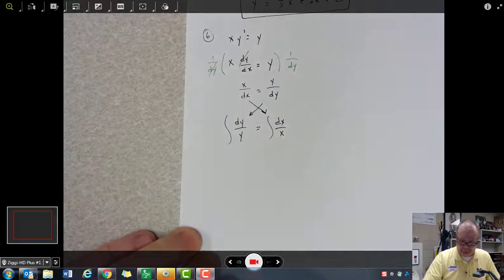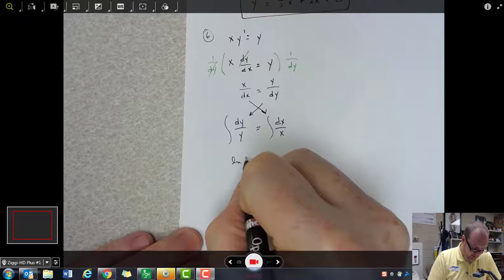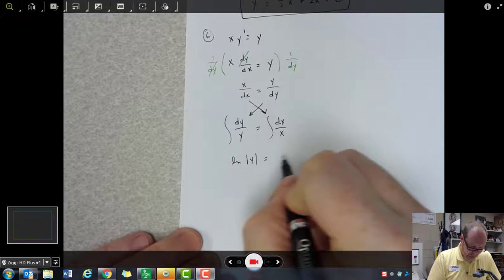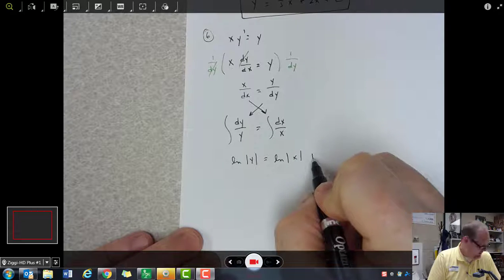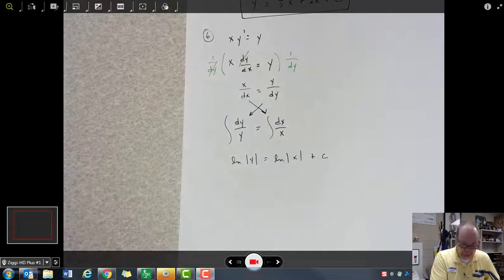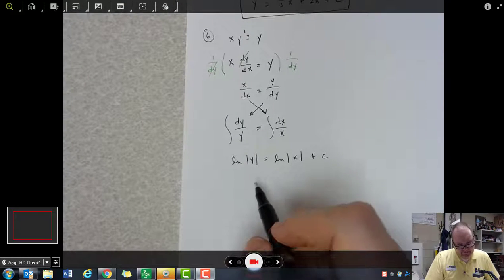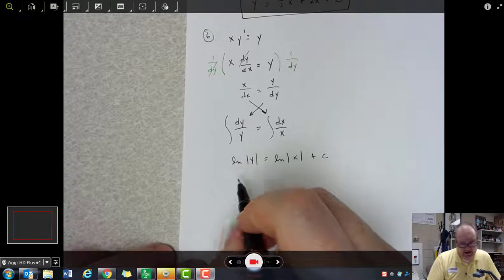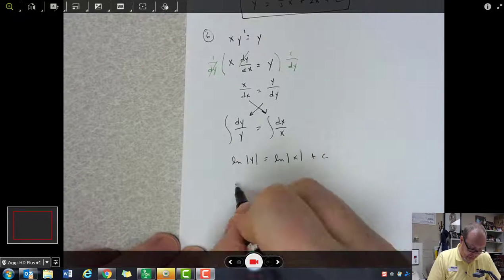So I can integrate, and that integrates into the natural log of y plus a constant equal to the natural log of x plus a constant. And so I'm going to take a couple of liberties here. And again, we really need absolute value there, but to be honest, it kind of gets in my way, and I can get focused on that kind of stuff instead of the solving.